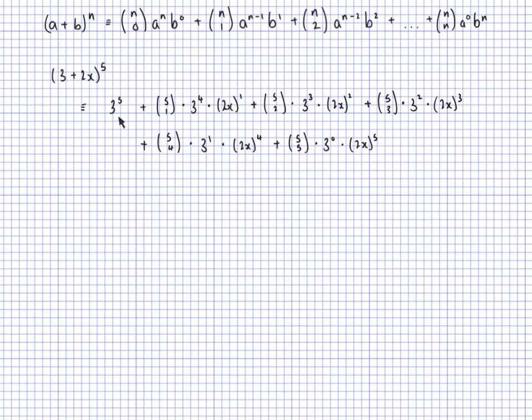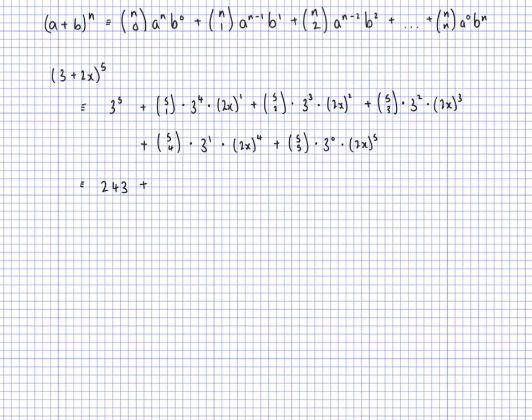Okay, so now I'm going to try and simplify this. 3 to the power of 5, that is 243. So I will have 243, and 5 choose 1, this one's 5, times 3 to the power of 4, 3 to the power of 4 is 81.